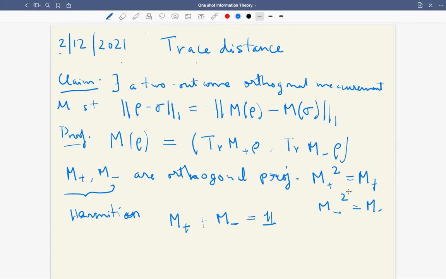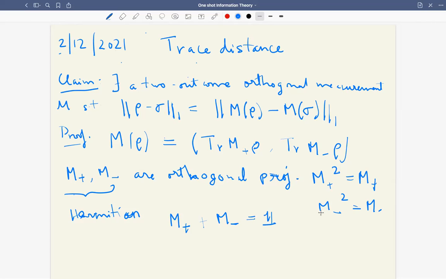So now you look at the eigenspace corresponding to eigenvalue 1. That's the subspace, and geometrically this is just a projection onto the subspace of ones. M plus is one such orthogonal projector, M minus is another, and when I say they add up to identity, it means that their respective supports are orthogonal complements of each other. So the support vector spaces of M plus and M minus are orthogonal vector spaces, and together they span the entire space. So this is what it means.